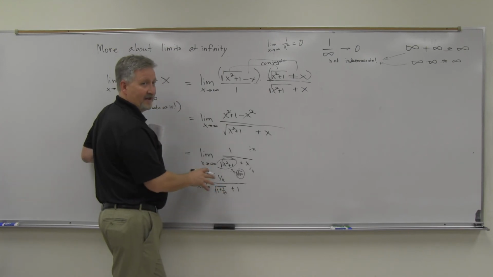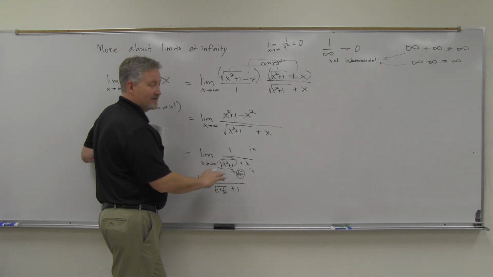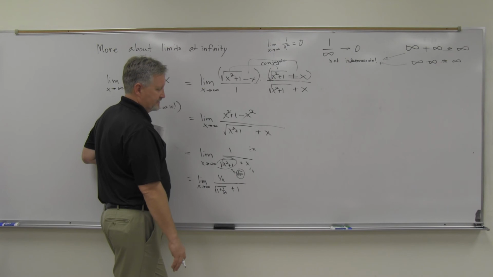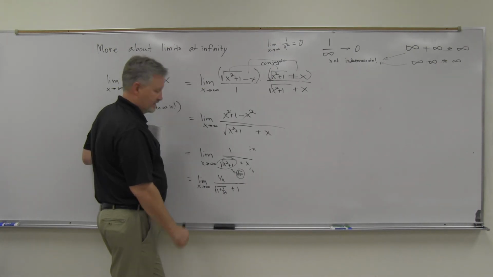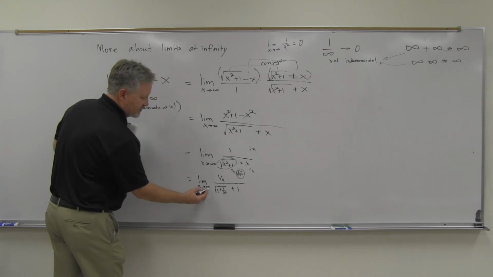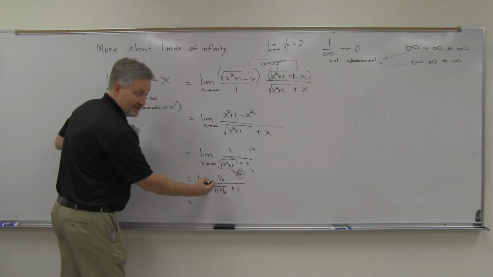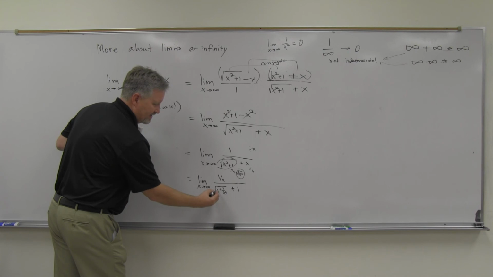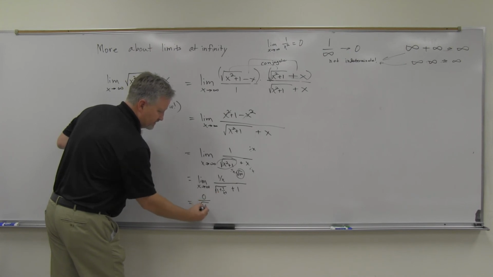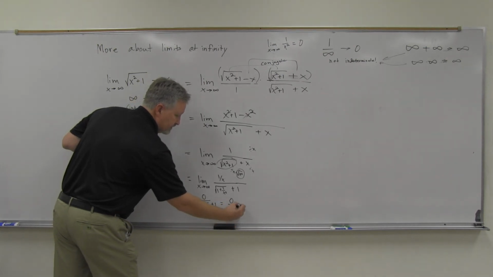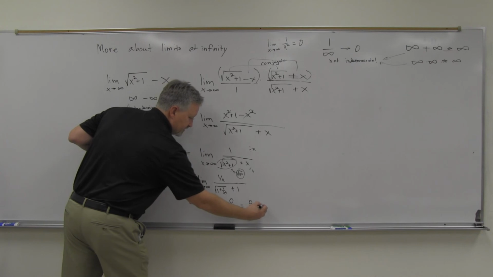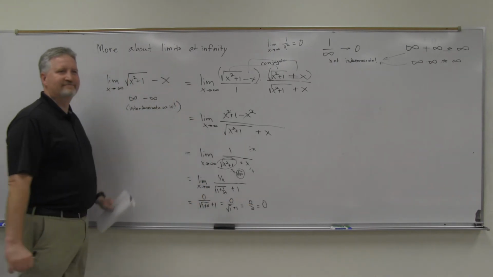We might not have to do that here, but I wanted to show you another one with that same technique, because it works as well. With me there? So what does that give me? Well, as x goes to infinity, that goes to 0, right? And that goes to the square root of 1 plus 0, right? Plus 1, that's 0 over the square root of 1 plus 1, that's 0 over 2, that's 0.